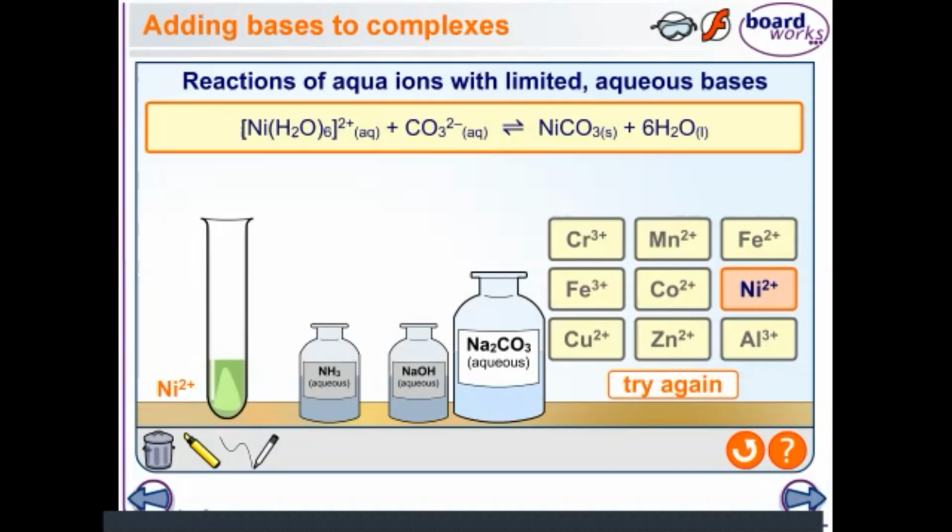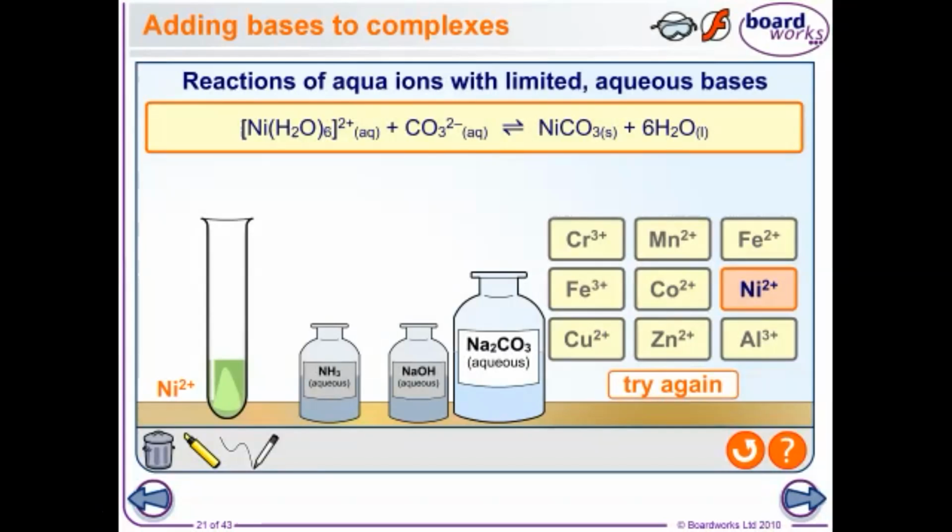So it is clear that if the ion has a charge of 3 plus, and you add sodium carbonate, then there will be the production of carbon dioxide, and metal hydroxide will be formed.